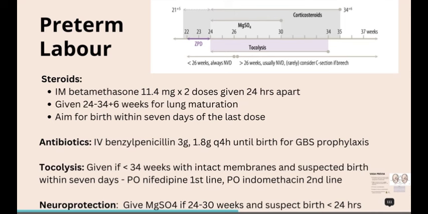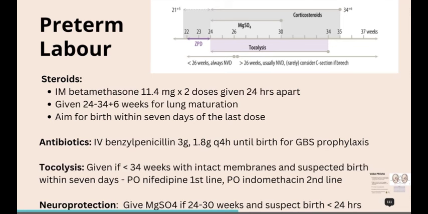So in terms of preterm labor management, let's talk a bit about that in a bit more detail. So starting with corticosteroids, for preterm labor, the management is intramuscular betamethasone that's given at 11.4 milligrams, given twice, 24 hours apart.